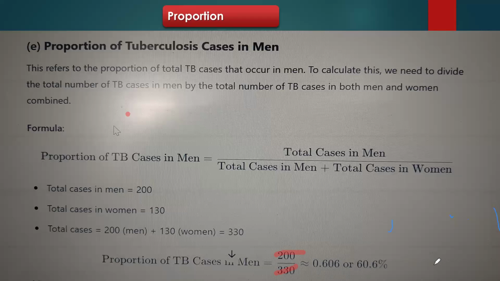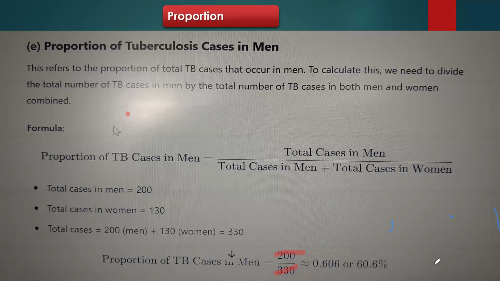That will give us the percentage of total men who have tuberculosis in that community, which is 60%, meaning that men have a higher percent of people who have tuberculosis compared to the women.